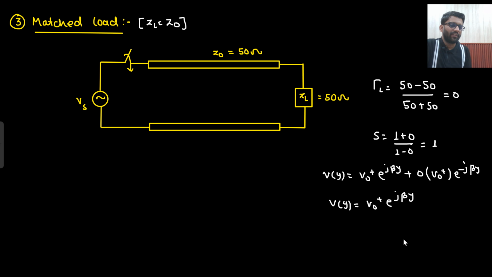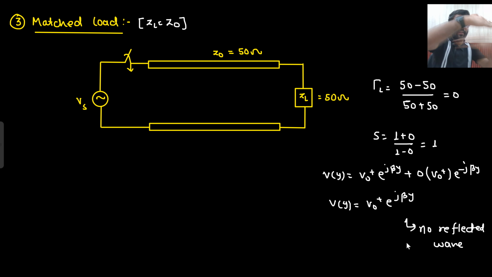So there is no reflected wave. That means there is no standing wave pattern, because for a standing wave pattern there should be an incident wave and a reflected wave. If there is only an incident wave, this is a traveling wave. But if there are incident and reflected waves, both superimposing will make a standing wave. So there is no standing wave.